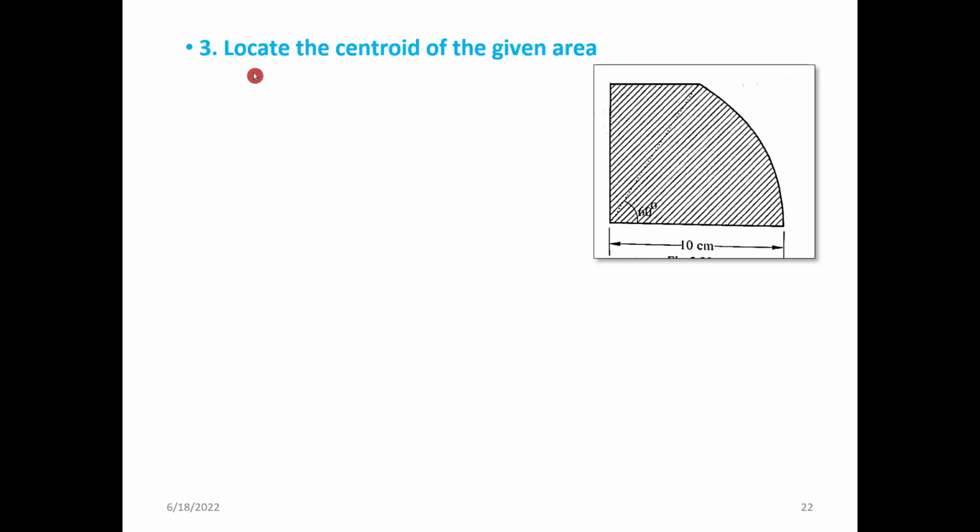Now a more complex figure is coming for this problem. By seeing this figure, you should find out that this complex section can be divided into a triangle passing through this point, as well as an arc.